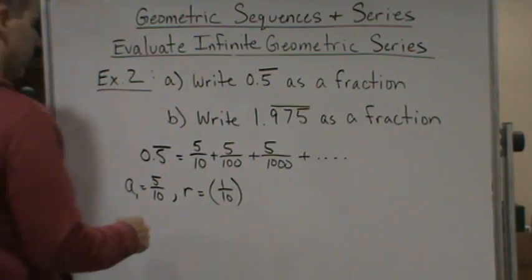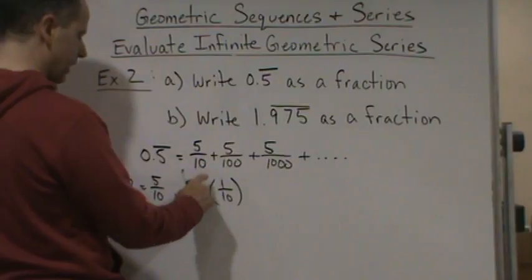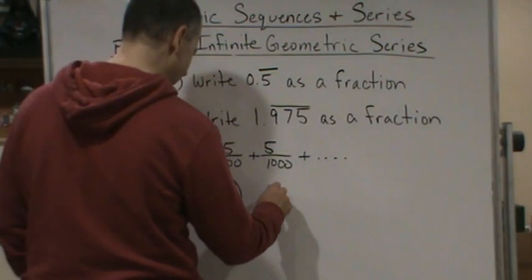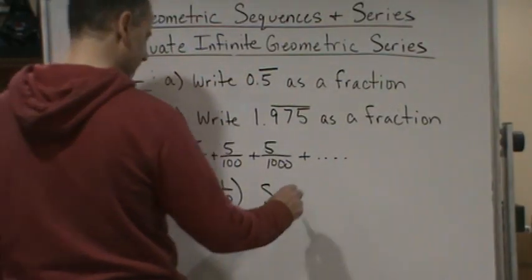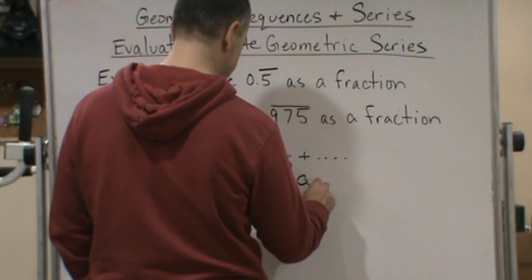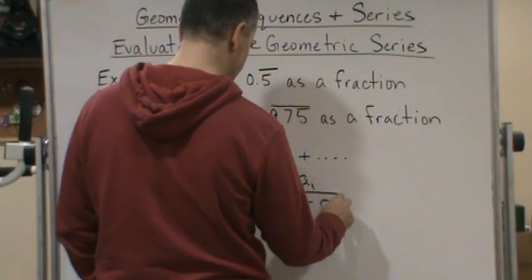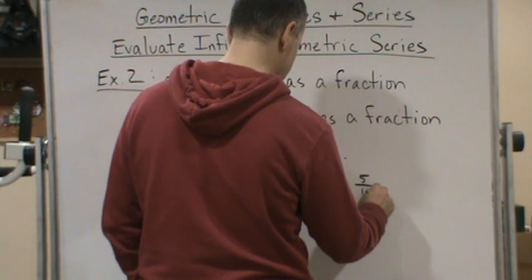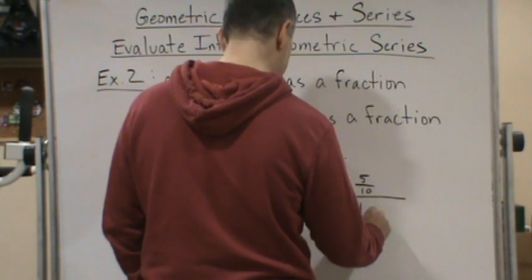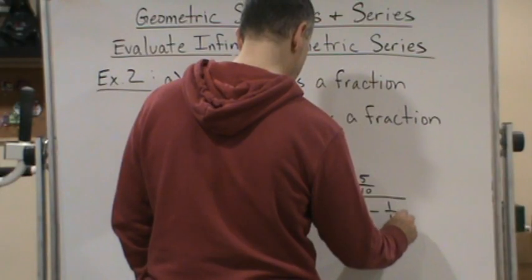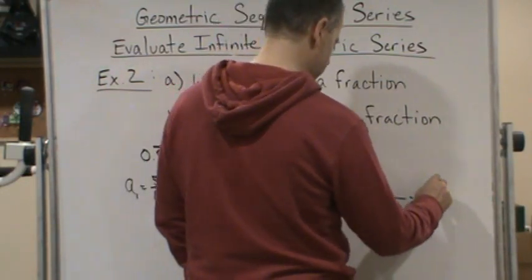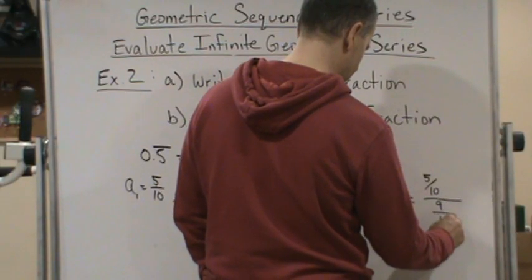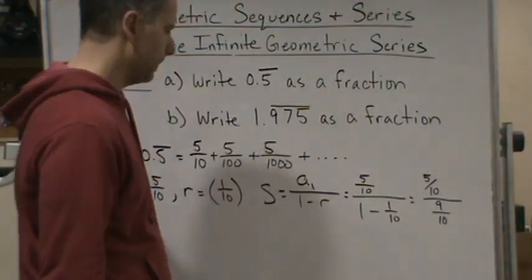So now we know that this is a convergent series because the absolute value of R is less than 1. So S is going to be what? It's going to be A sub 1 over 1 minus R. And A sub 1 is 5/10. And it's going to be 1 minus 1/10, which is going to be 5/10 over 9/10.